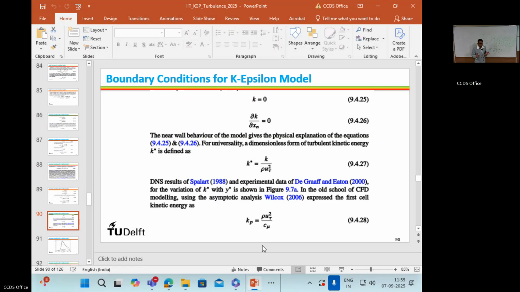Clear? Now, high Reynolds number and low Reynolds number models. If it is a low Reynolds number model, the governing equations and velocity are solved from this cell to this cell, in all the cells.